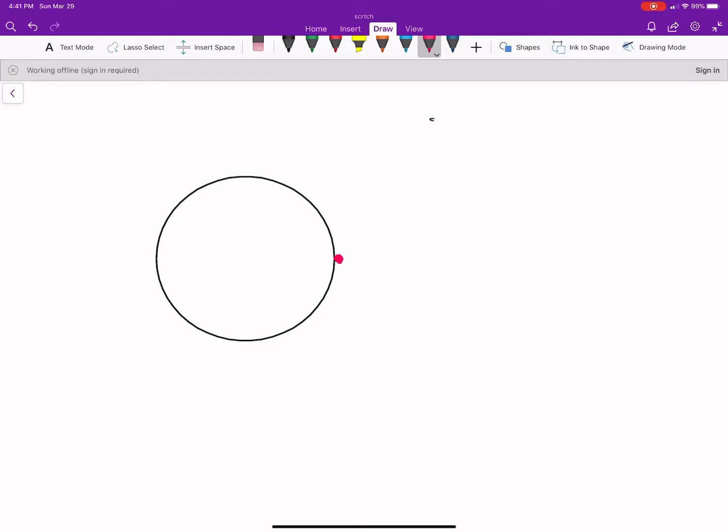So let's say that the diameter of the circle is 40 meters. Well, the radius is the diameter divided by 2, and 40 divided by 2 is 20 meters. So from the center outwards, this is your radius r.